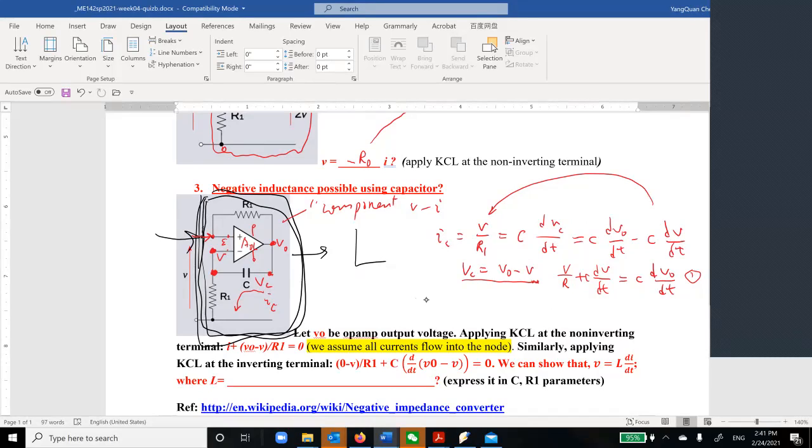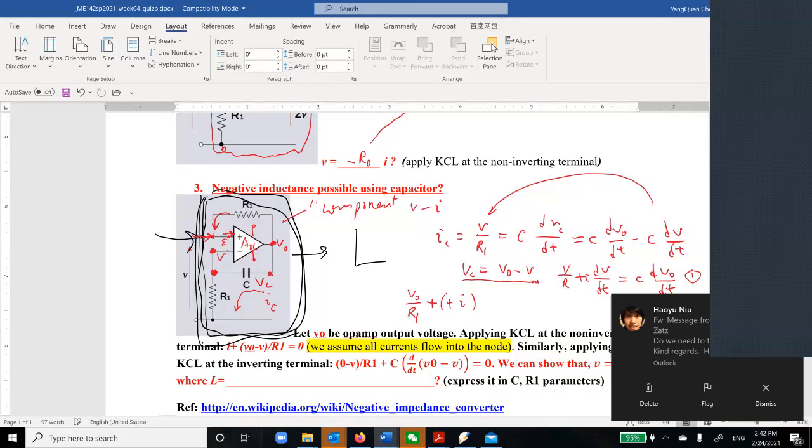On the other hand, I have V0 divided by R1 equals minus I, because it should be a KCL at this point. This one plus I should be 0, because there's no current flowing inside there.